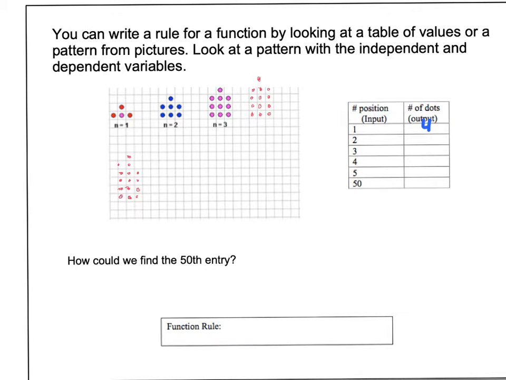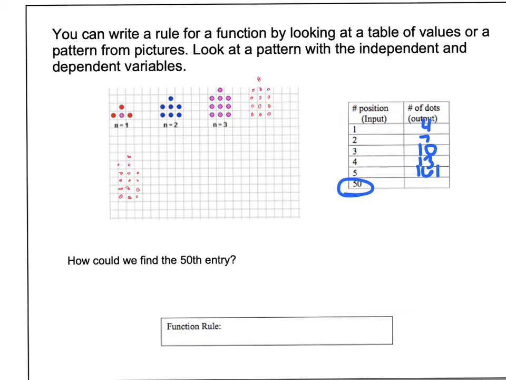When I said n equaled 2, you had 7 coming out. When I said, or had, n equals 3, I had 10 dots, and for 4 I had 13 dots, and 5 I had 16 dots. So we'd want to write a function rule to predict what n equals 50 was.